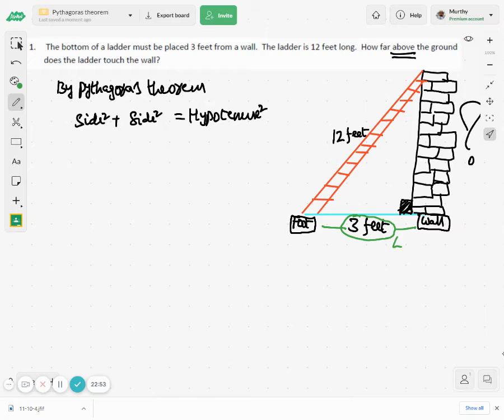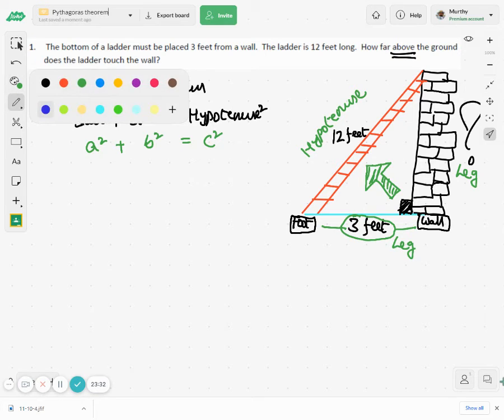This is one of the legs, and this is the perpendicular, or height. The side opposite to 90 degrees is called the hypotenuse. Don't forget the formula: a square plus b square equals c square.